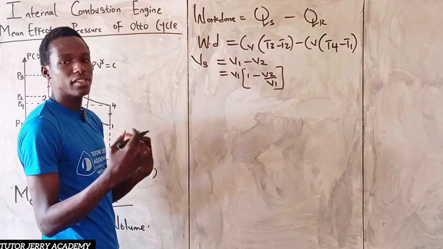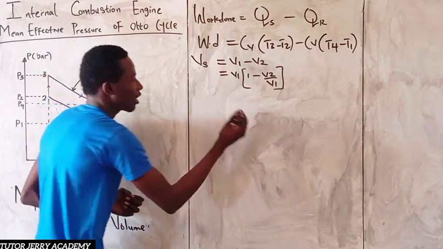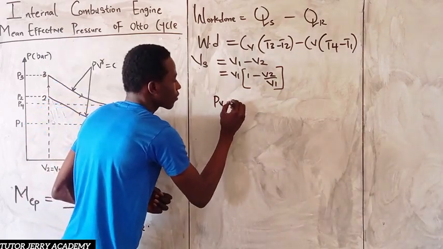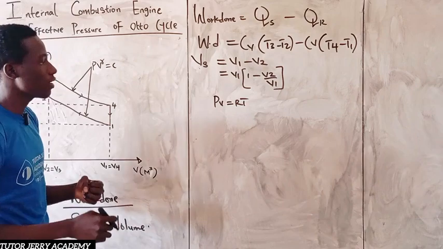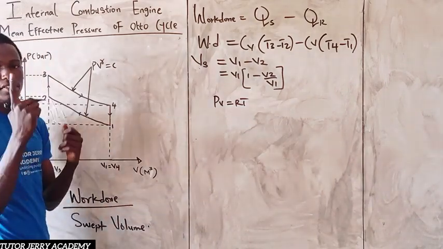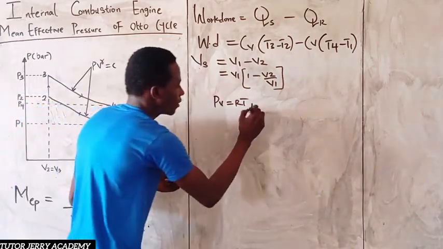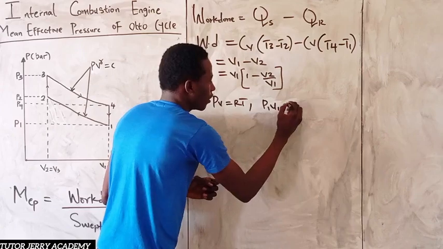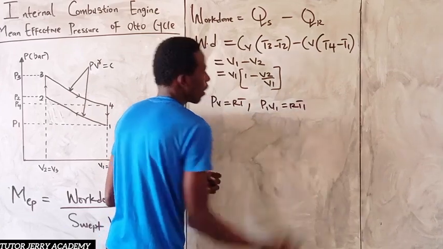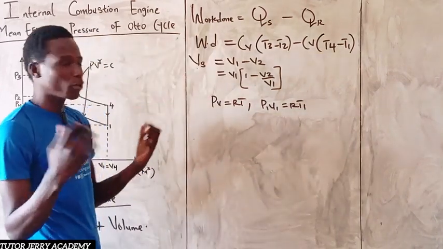So next, what do I do? We know from ideal gas relations that PV is equal to RT. And if we say, for instance, we are considering state 1, I can rewrite this as P1 V1 equals RT1. I hope you are following.